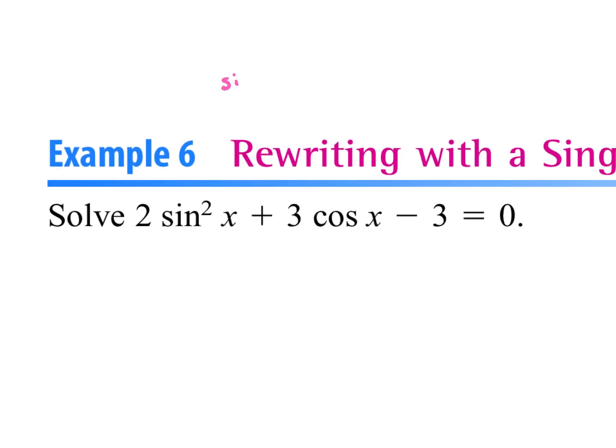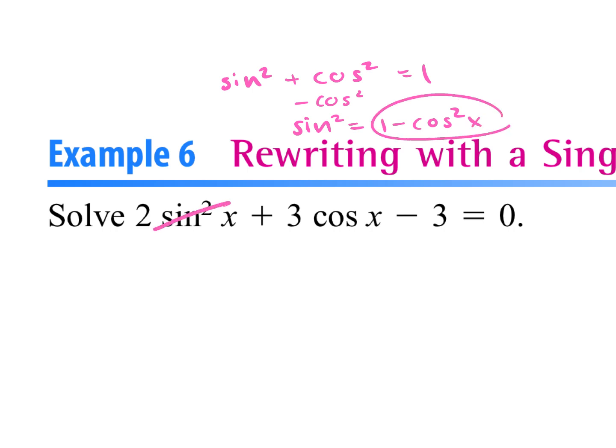I know that I have my identity sine squared plus cosine squared is equal to 1. So if I was going to replace the sine squared, I would know that sine squared is equal to 1 minus cosine squared. So I'm going to replace this sine squared with 1 minus cosine squared.